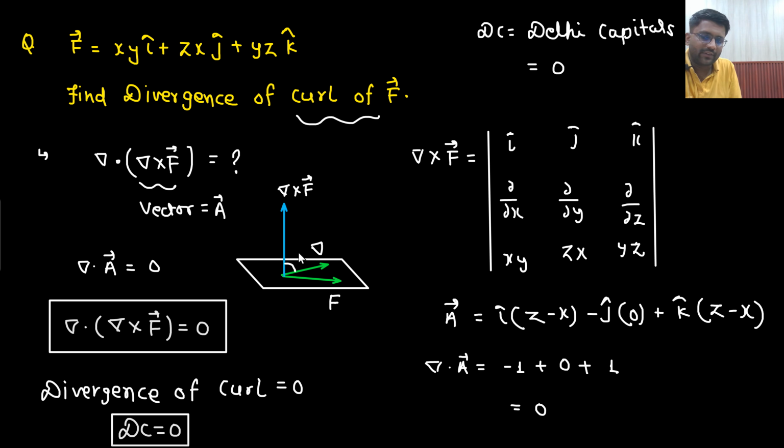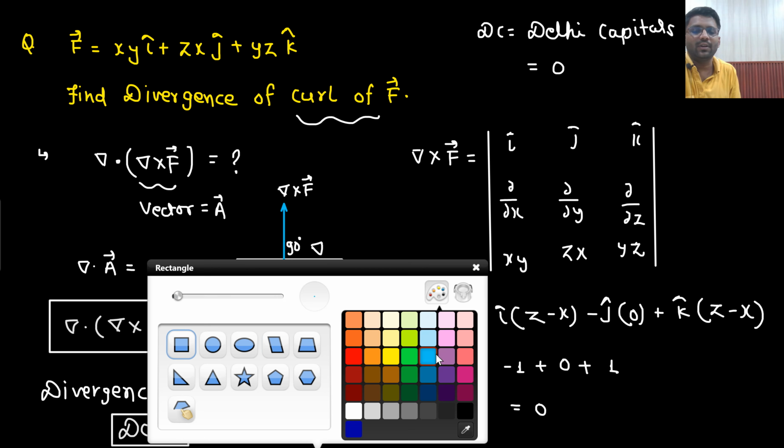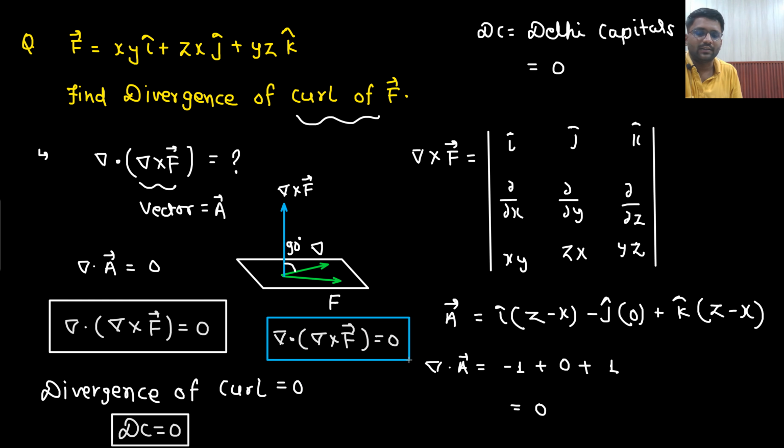The angle between del cross f and del is 90 degree. So if you calculate the dot product of del and del cross f, the angle between them is 90 degree. If you do the dot product between two perpendicular vectors, what will be the answer? 0. Another way of understanding it, the answer will be 0.